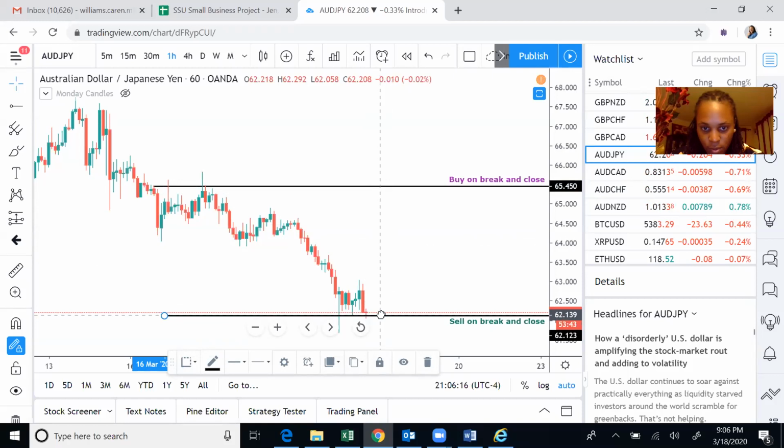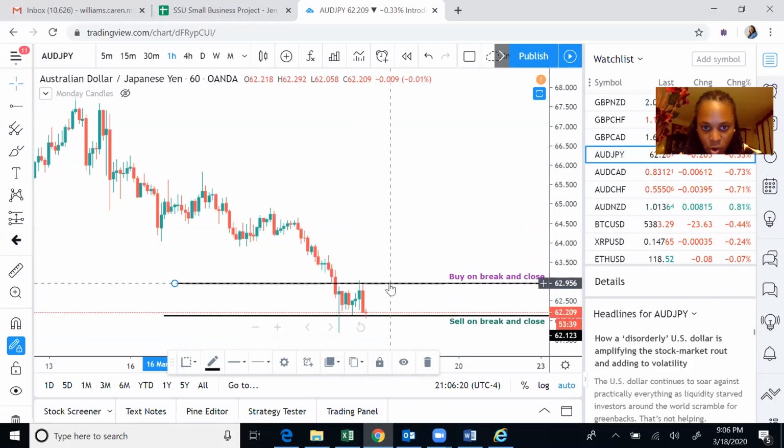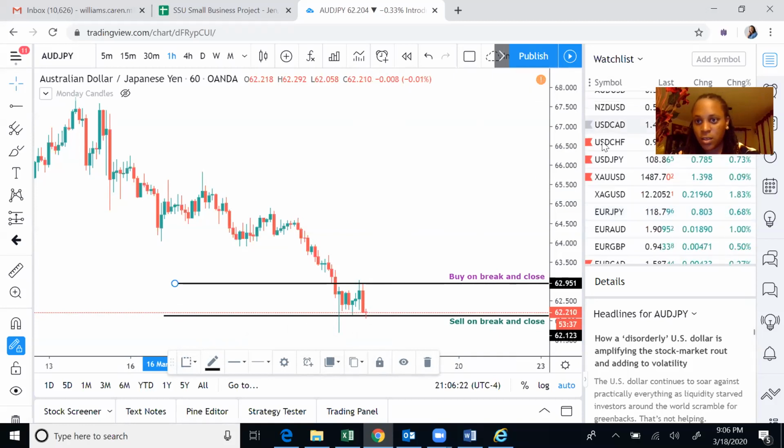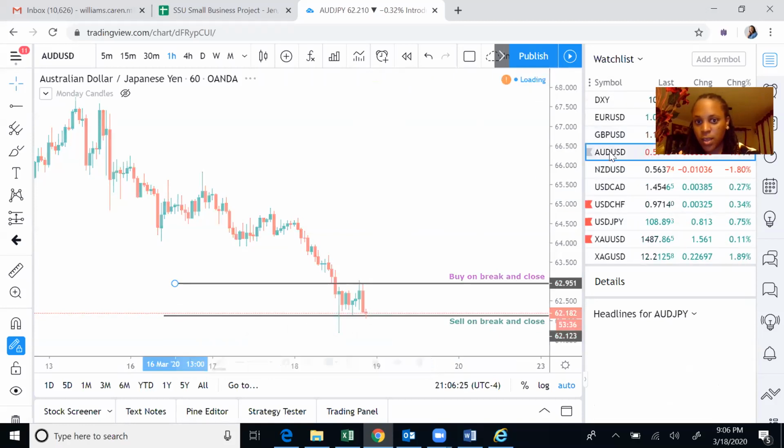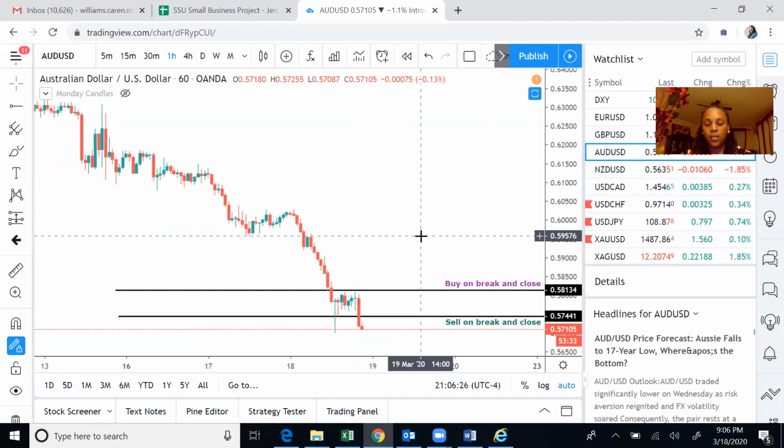I probably won't go into AJ right now; I need that breaking somewhere. But definitely AU and OddCAD look good. Sell OddCAD already, AU already going into profit.